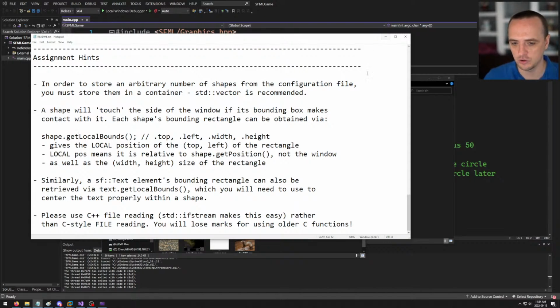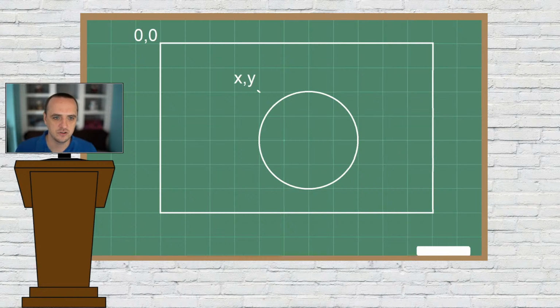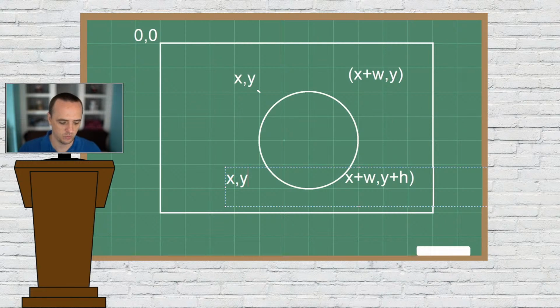For a circle or a rectangle, getLocalBounds will give us the width and the height. So this is X plus width, Y. Down here, it will be X plus width, Y plus height. And down here, it would be X, Y plus height.